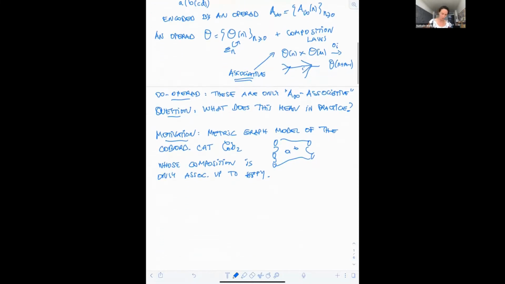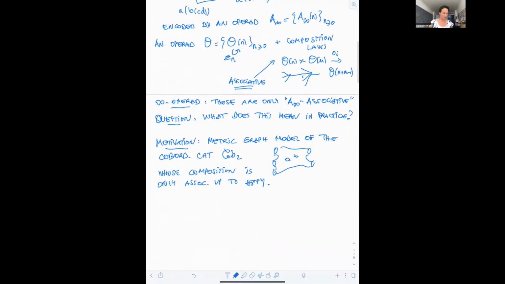So the baby case here, the simplest part of this question, is if we restrict to genus 0 and call this the operadic part.